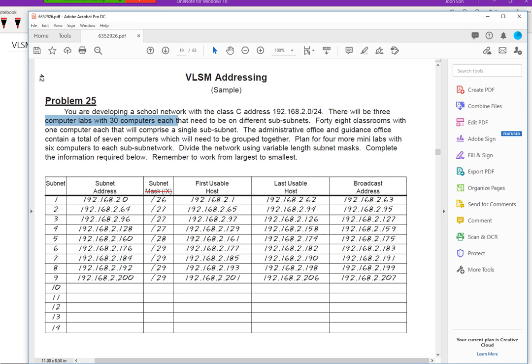Wait a minute. Not the 8. Sorry. Yeah, 48 classrooms with 1 computer each. So that means we need to have 48 computers. They will comprise a single subnet. The admin office and guidance office contain a total of 7 computers, which will need to be grouped together.